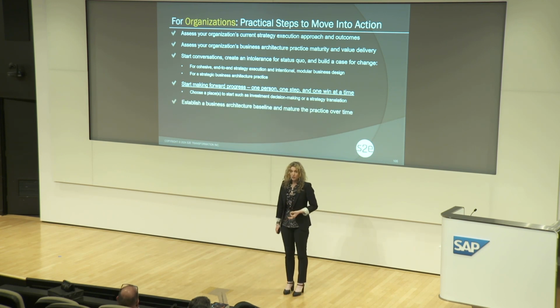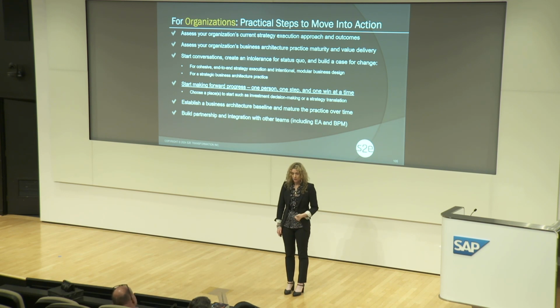Establish a business architecture baseline, so hopefully you've reflected on maybe any gaps you might want to fill or any tweaks, or if you're in perfect shape, then you are off and running to keep applying business architecture. And also think about how you're going to mature your practice over time with intent.